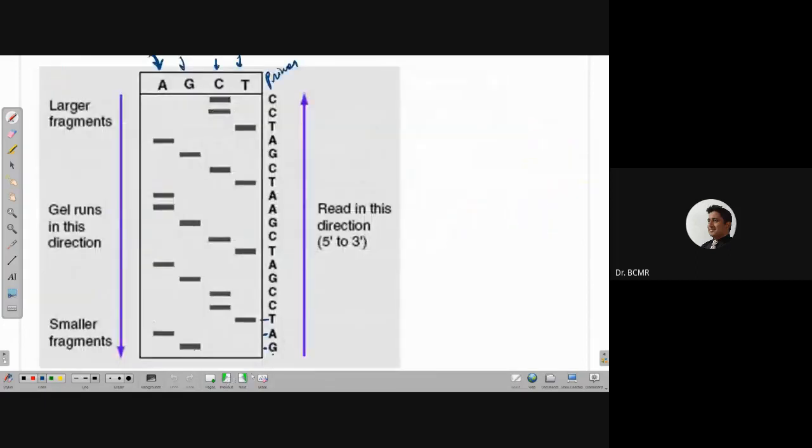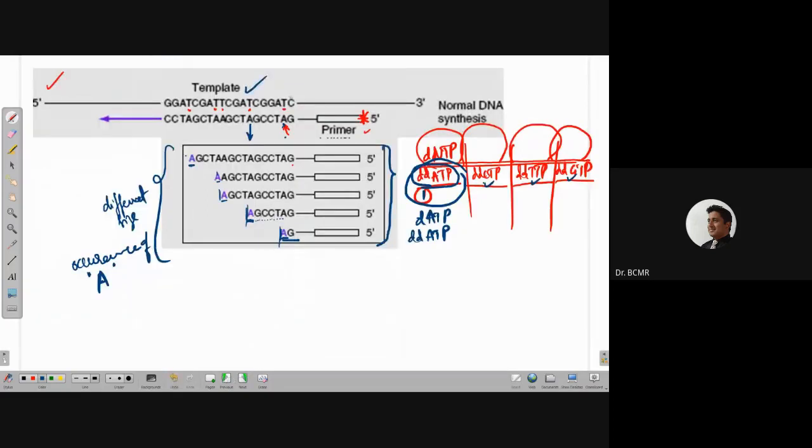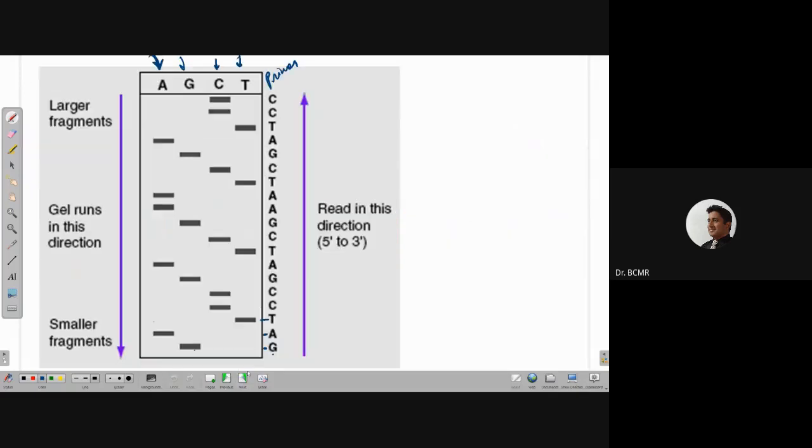So you can read this: the top strand is the template, and the bottom strand is the primer. Whatever we are reading on the bottom strand is actually that of the primer, and the primer is 5' to 3'.